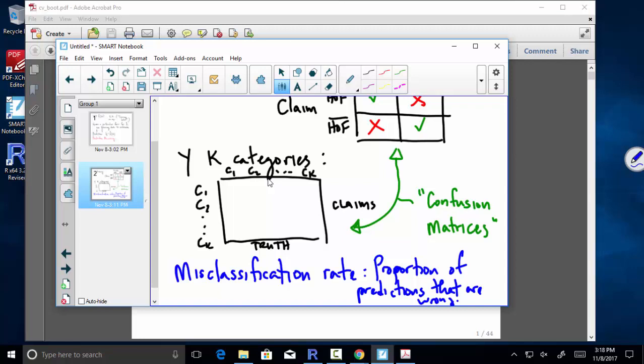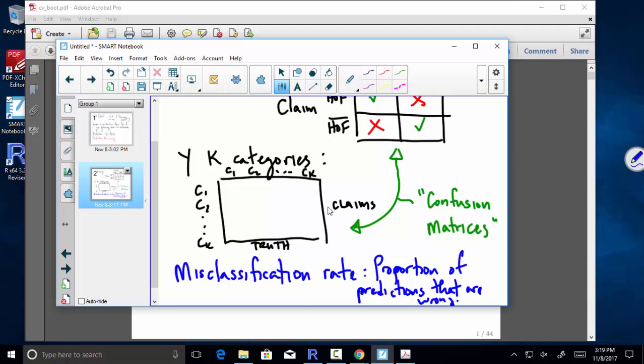So just looking at the overall proportion of errors made is not typically sufficient. That's why we like to look at confusion matrices, because you can have a rosy misclassification rate when it's really a terrible predictor.